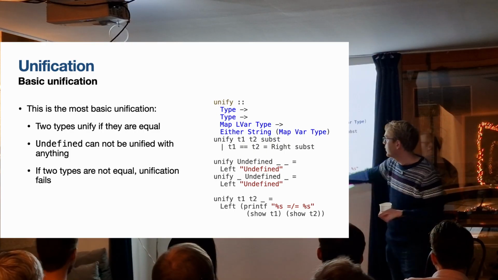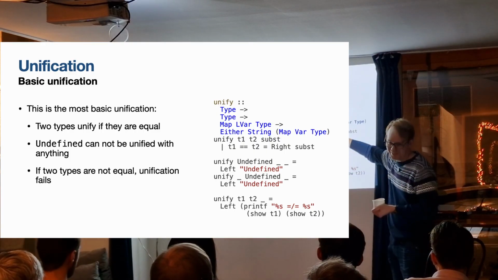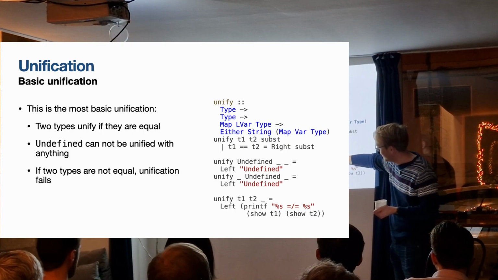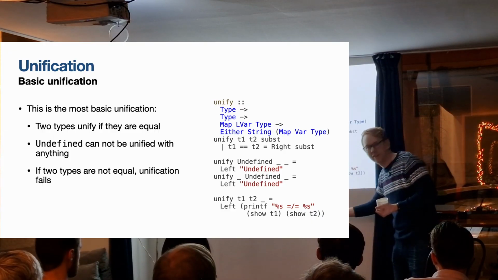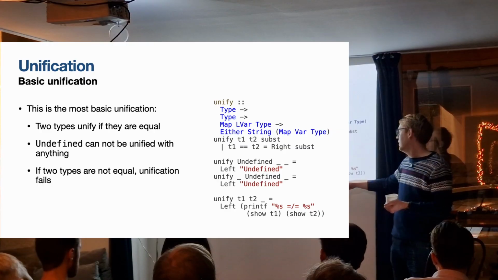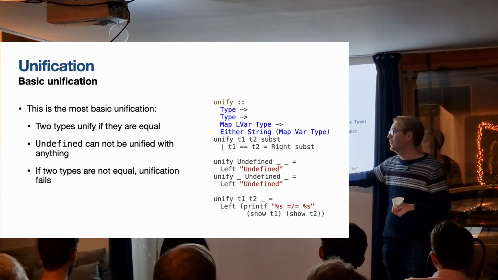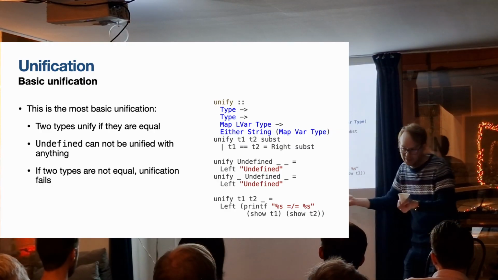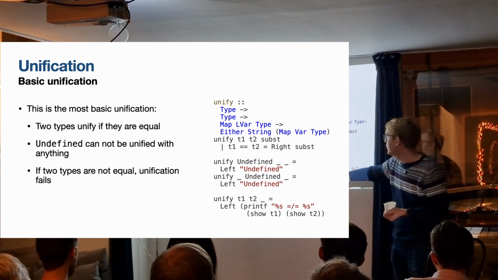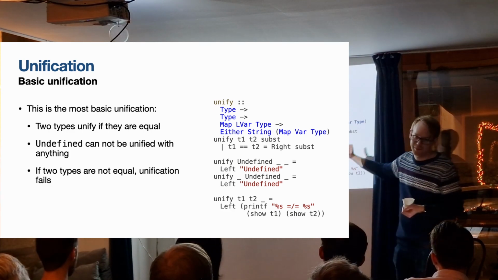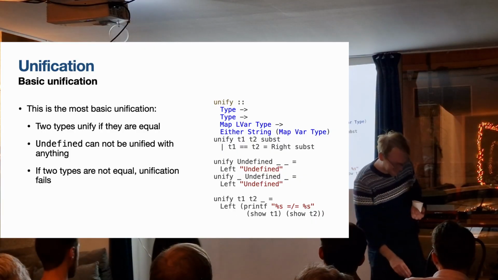And also we will add a bunch of stuff in between these cases, or rather we will add stuff here. But you can think of this as the base case: if two terms are not equal, they can't be unified. But there's more to it than this, as you might have suspected.